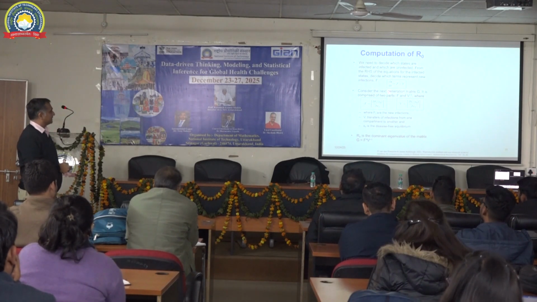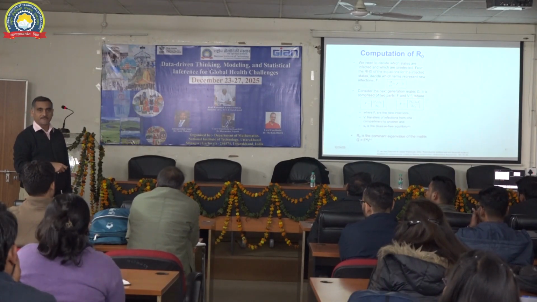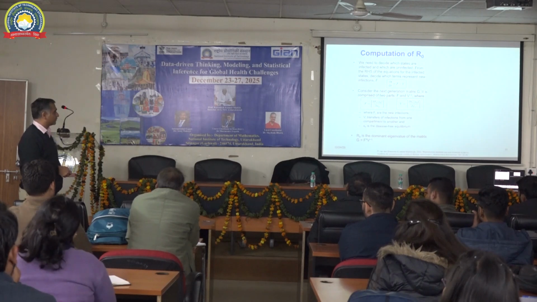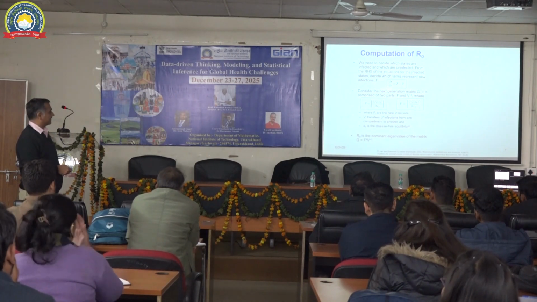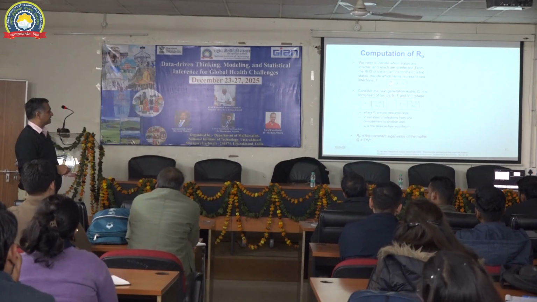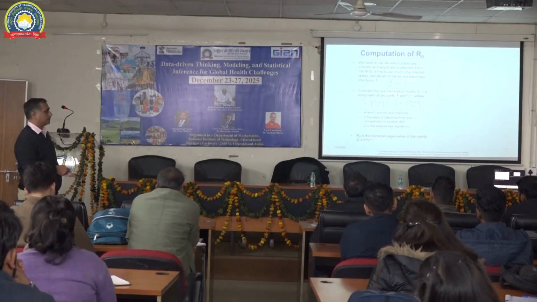So basically, the next generation operator is a way of calculating the reproduction number. What it does is it separates the system into new infections and the rate of transitions.